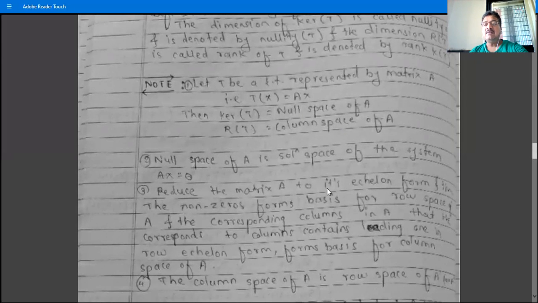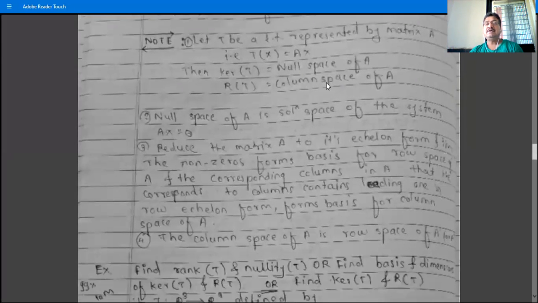And how can we find the basis and dimension of the column space of A? Reduce the matrix A to its reduced row echelon form.